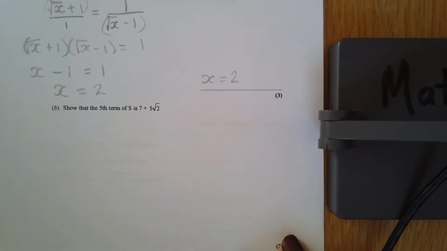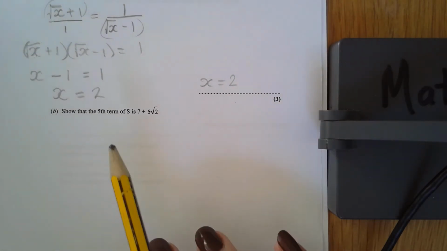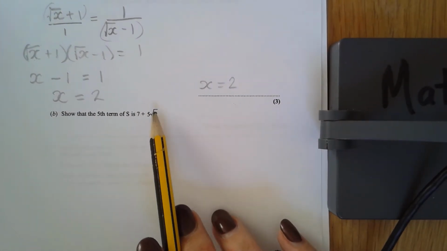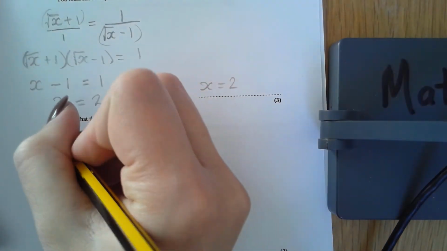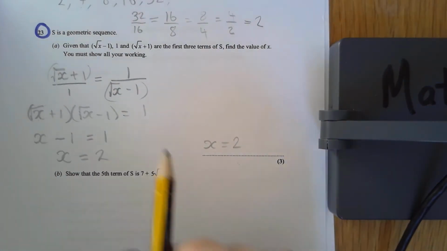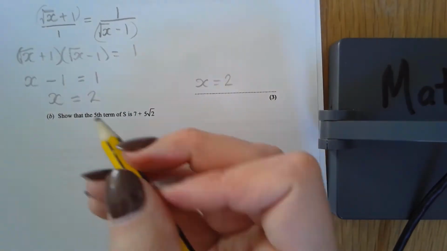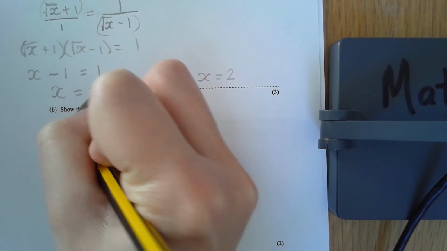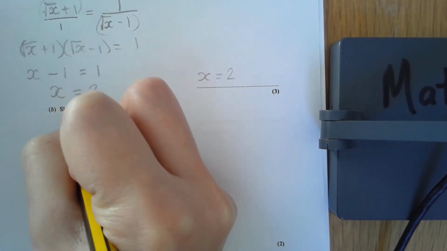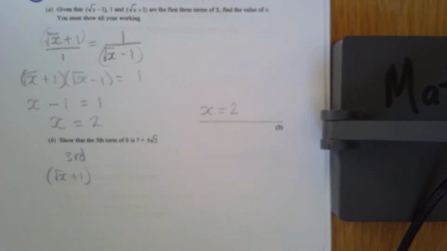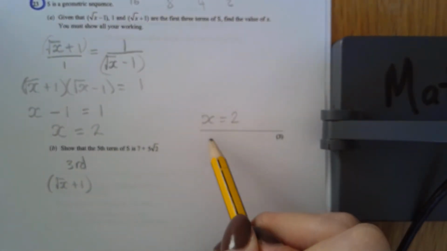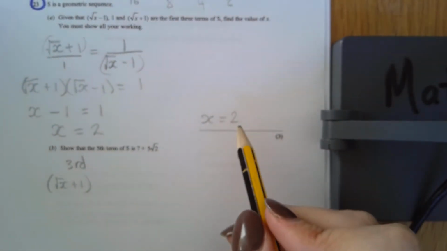Part B says show that the fifth term of S is 7 plus 5 root 2. The third term is the highest term I know from the first part of the question. The third term is root x plus 1. I've worked out my multiplier now.